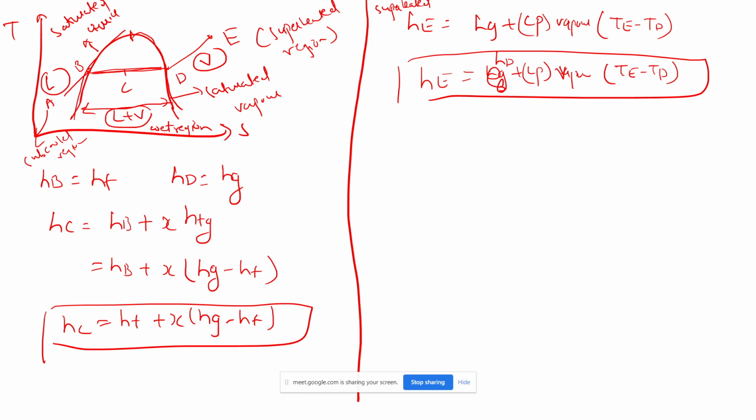Sir, but actually Cp delta T is used for ideal gases only. No, it is also used for this. Cp for vapor we are using, not for the ideal gas. If they will ask in the question, they will mention this.